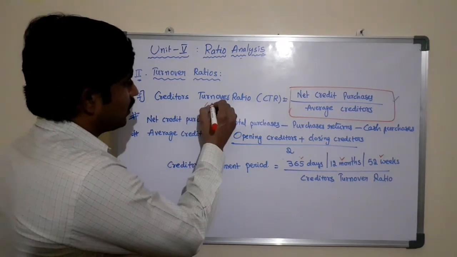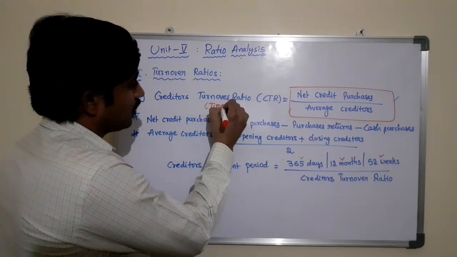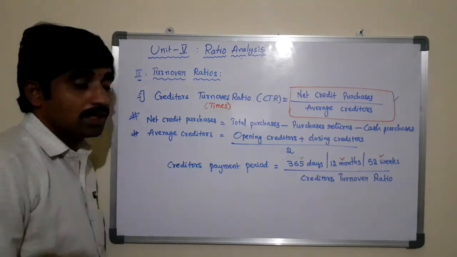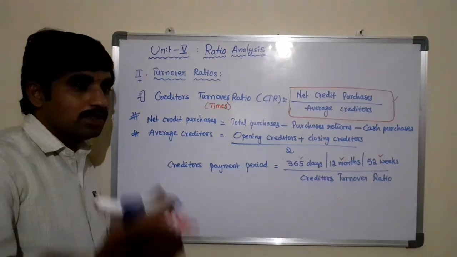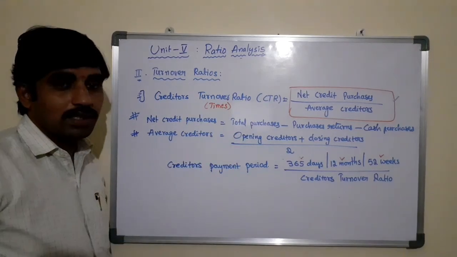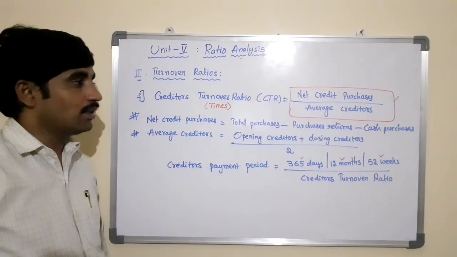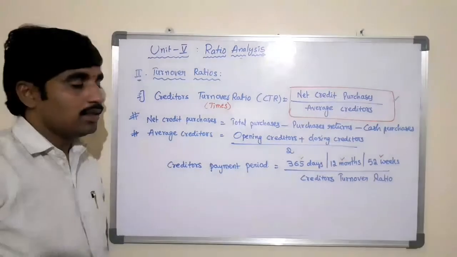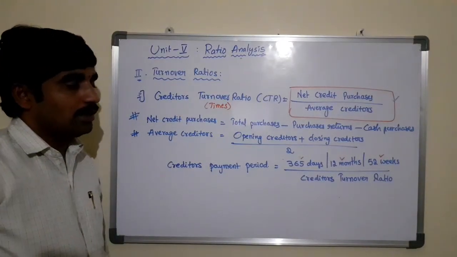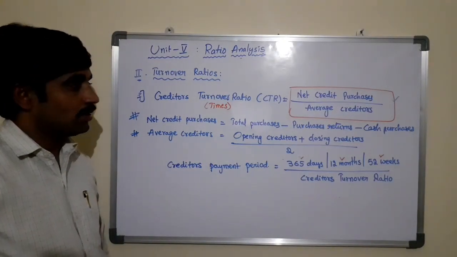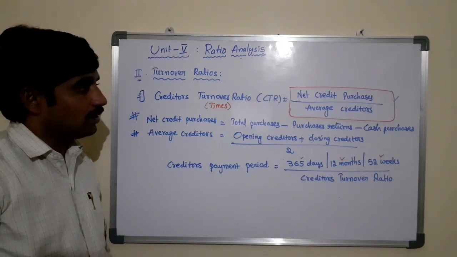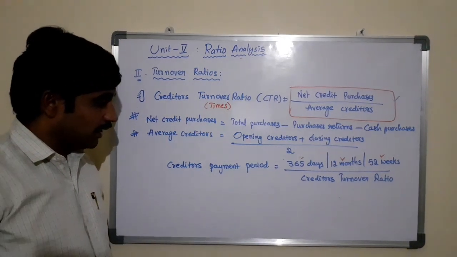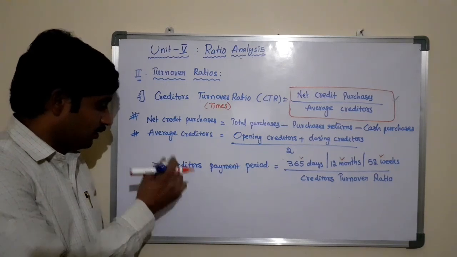The creditors turnover ratio is also measured in terms of the number of times the business is paying the suppliers or creditors who supplied the raw material or anything to the business. This is the process of calculating the creditors turnover ratio as well as the creditors payment period.